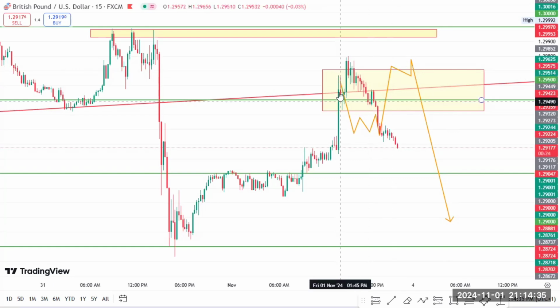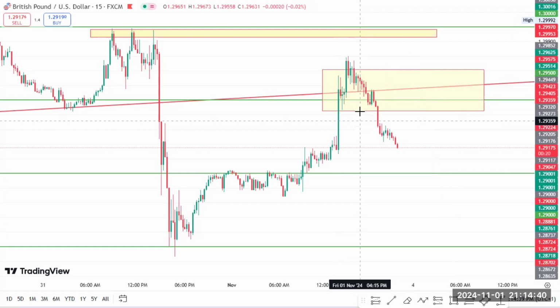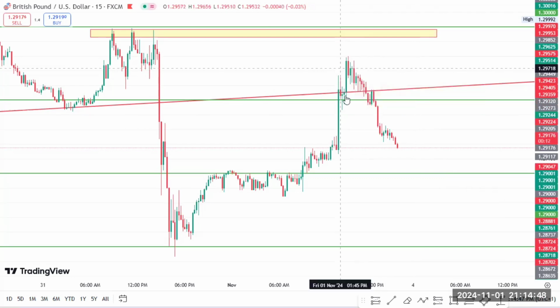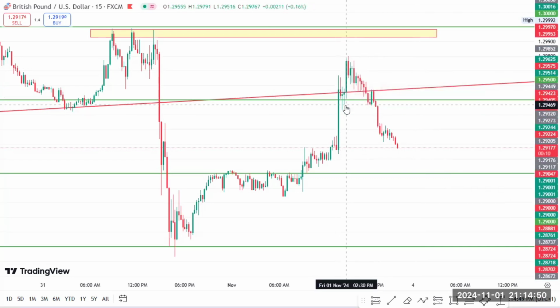So this part now, let me delete it. And let me also delete this part. It means this part was just like an inducement where it gets many to think the sell has begun, then it pushes up to clear them out before coming down.